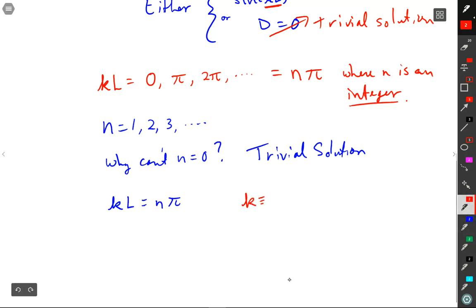It tells me the quantized values for energy. Since k was the square root of 2me over h bar squared, then I can just put that in here. Square root of 2me over h bar squared times L is equal to n pi.